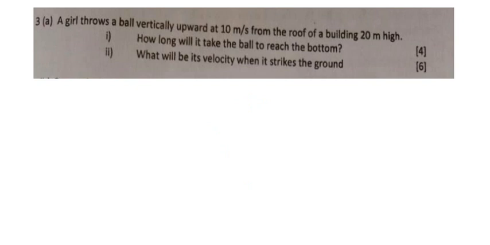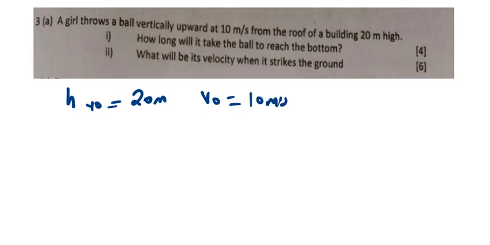Now what is the initial height? From the roof of a building 20 meters high, the initial height is 20 meters. What is the initial velocity? We've been given that it is 10 meters per second.